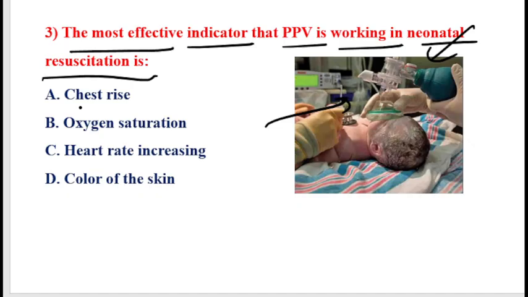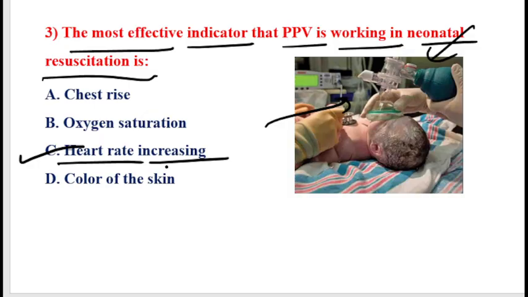Option A, chest rise. Option B, oxygen saturation. Option C, heart rate is increased. Option D, color of the skin. Whenever you give positive pressure ventilation, the only way you come to know that it is effective is by checking the heart rate of the baby. If the heart rate of the baby is increasing, that indicates your positive pressure ventilation is effective.